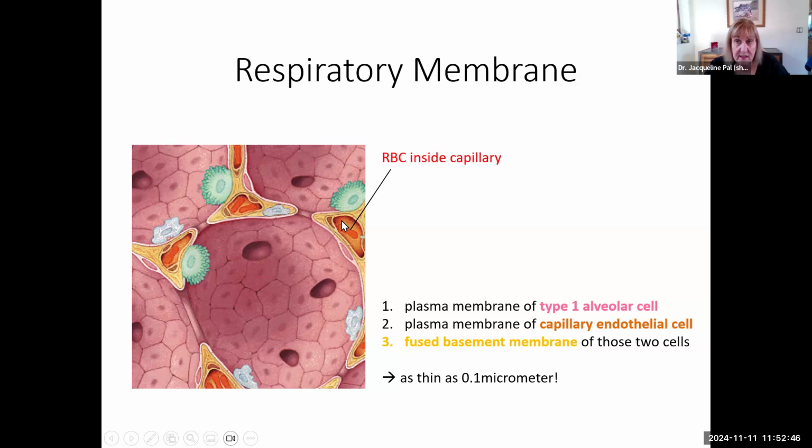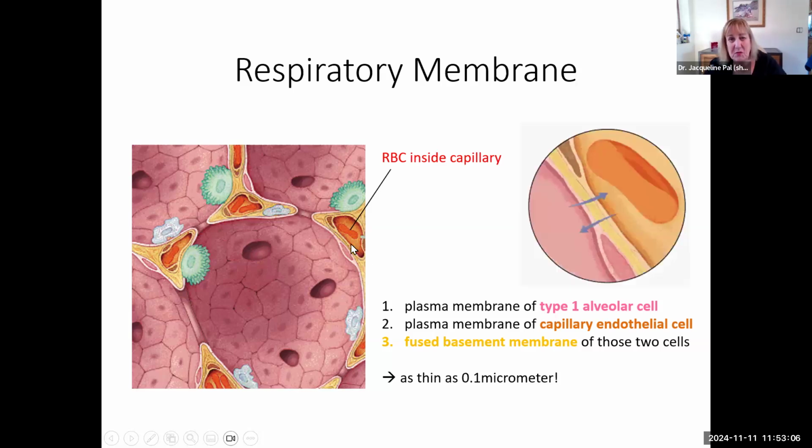Remember, capillaries have only a simple squamous endothelial cell, but capillaries also have a basement membrane, and the alveolar cells also have a basement membrane, but here is the only place in your body where they are going to share a basement membrane. So it's going to be fused between those two cells, right here.